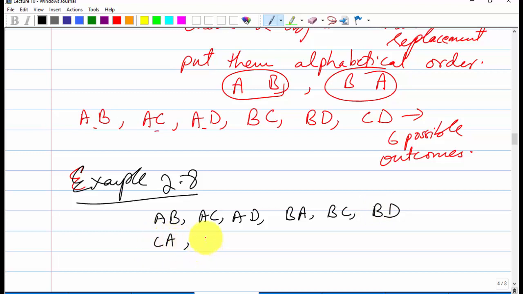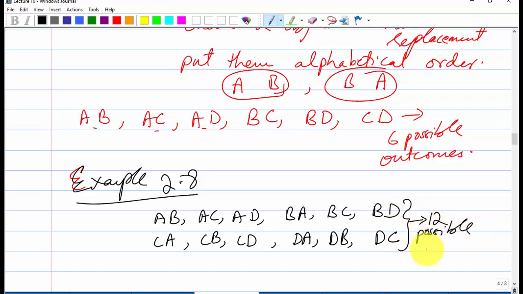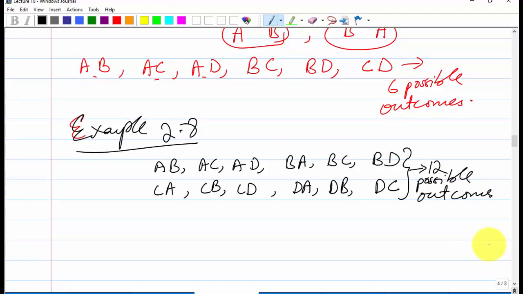Similarly CA, CB, CD, DA, DB, DC. In this case we see that these are 12 possible outcomes, and these 12 possible outcomes are the k permutations.